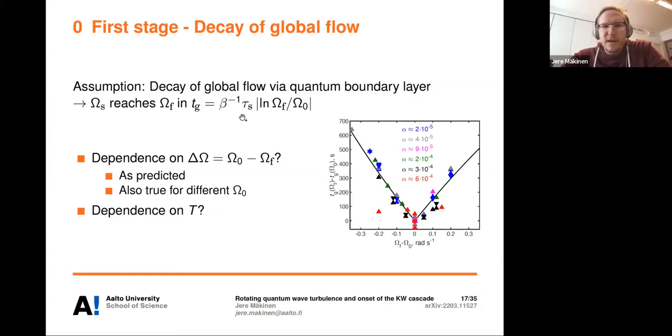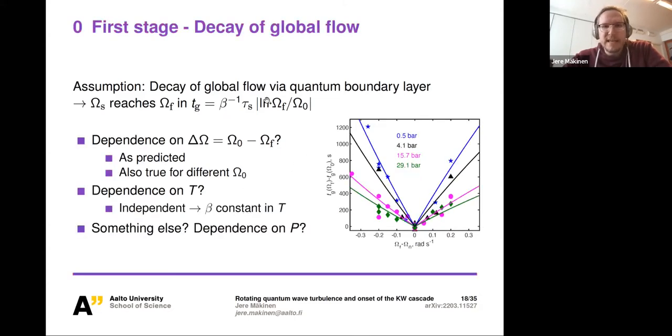But none of the other parameters should in principle depend on temperature. And indeed, if we change the temperature, the mutual friction parameter changes almost by 2 orders of magnitude in this range, but there's essentially no difference in this time scale. So this thing seems to be temperature independent, which also means that this fitting parameter beta is temperature independent.